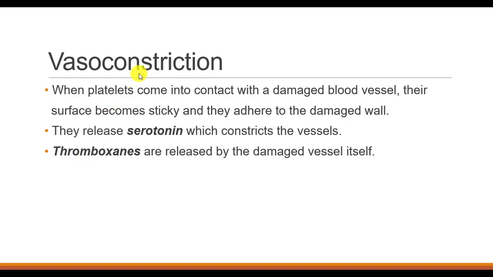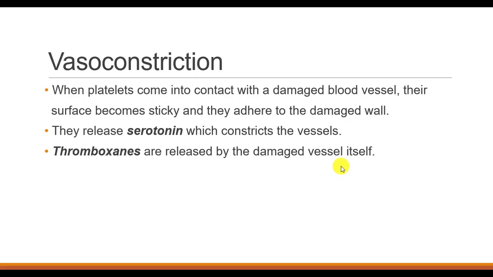Immediately after damage to the blood vessel occurs, the blood vessels constrict, and they constrict via the release of serotonin. Serotonin is like an enzyme, or also a hormone, present in the body, and it helps in constricting the blood vessels. Whenever serotonin is released, the blood vessels constrict, and they also release an enzyme called thromboxane, which is released by the damaged part of the vessel itself.